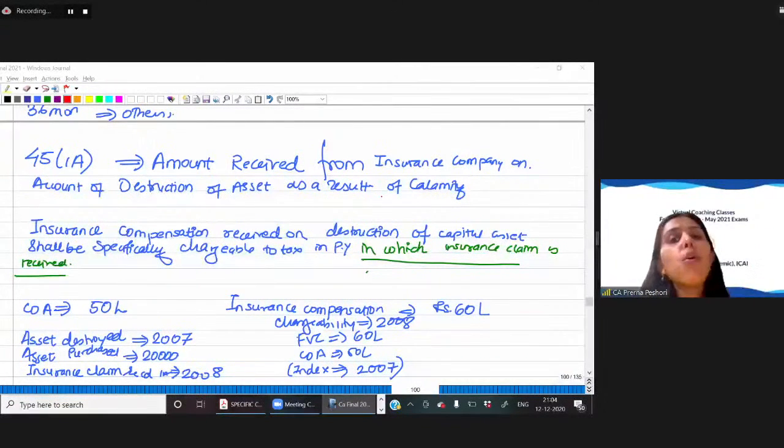If you purchase for more than 180 days, you get the entire depreciation. But that also you decide once you reduce the sale consideration. If the block turns negative, then you will not get any depreciation. Clear, Padmanabhan?